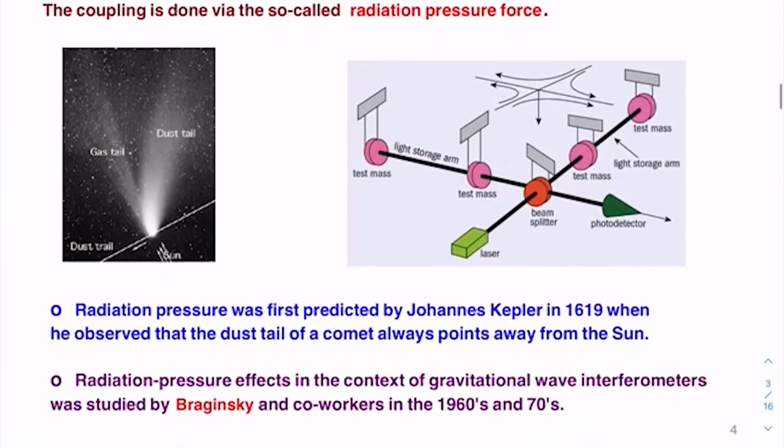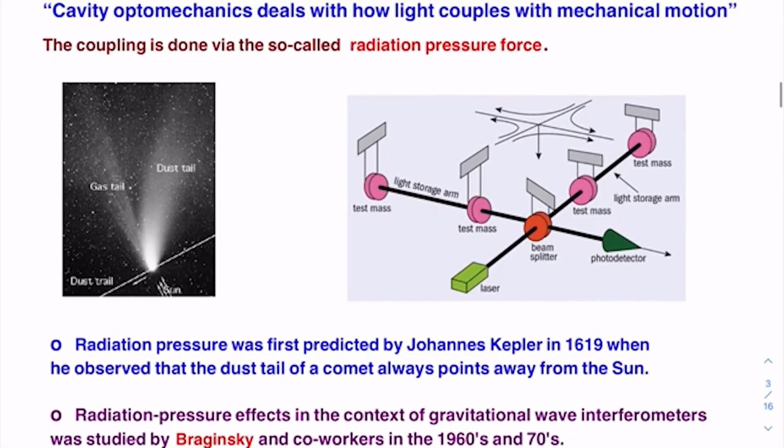In fact, radiation pressure was first predicted by Johannes Kepler in the year 1619, when he observed that the dust tail of a comet, as you can see from this plot here, always points away from the sun.